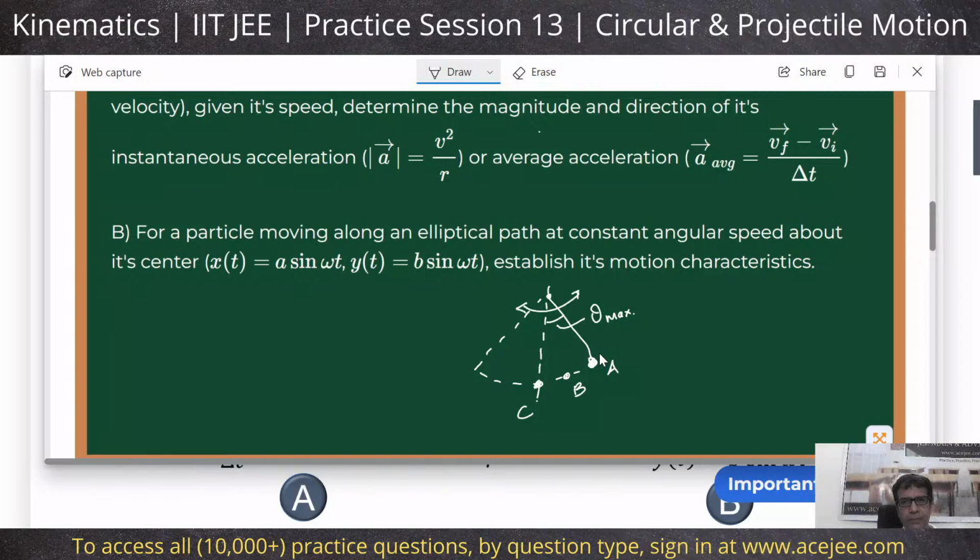Sir, so it will be towards C. Not radially, but the net acceleration will be towards C, in this direction. Tangential to it, right? Because there cannot be any acceleration along the pendulum's rod or string, whatever you might have.